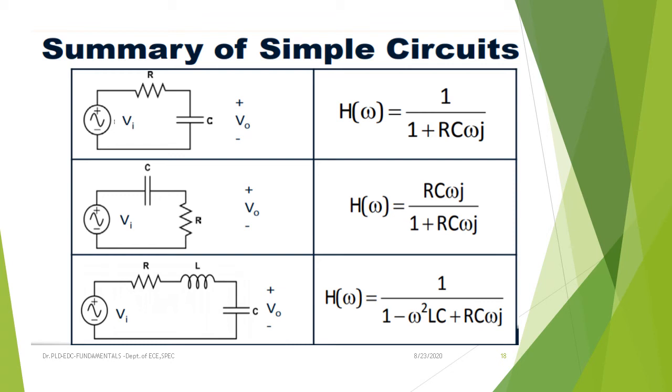We already came across H of omega times V_in is equal to V_out. In a similar way, you evaluate the transfer function of these circuits, for example H of omega is equal to 1 by (1 plus RC j omega).